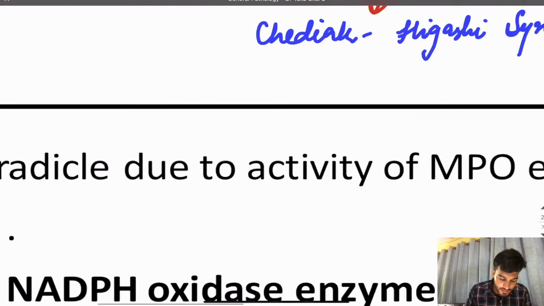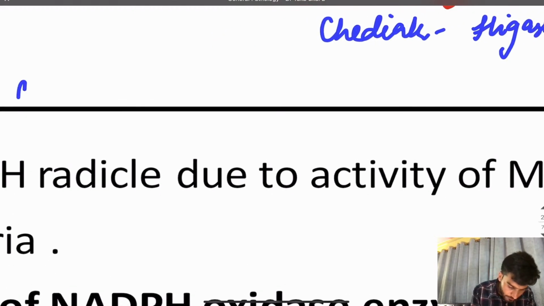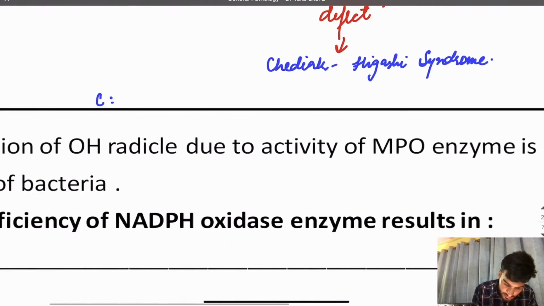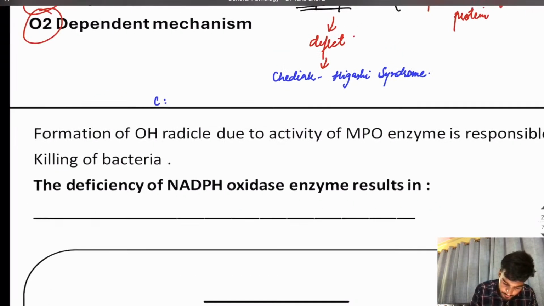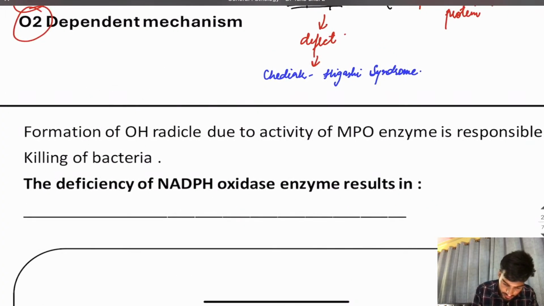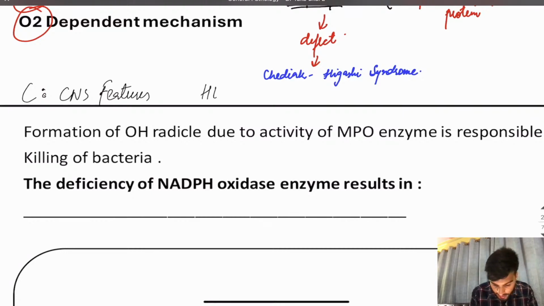What are the classical features, guys? C for CNS features. HE for hemorrhage.